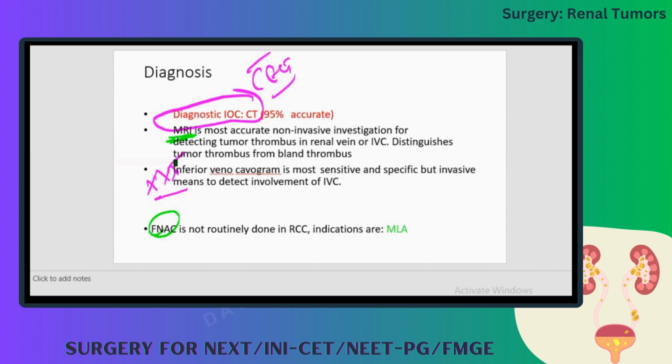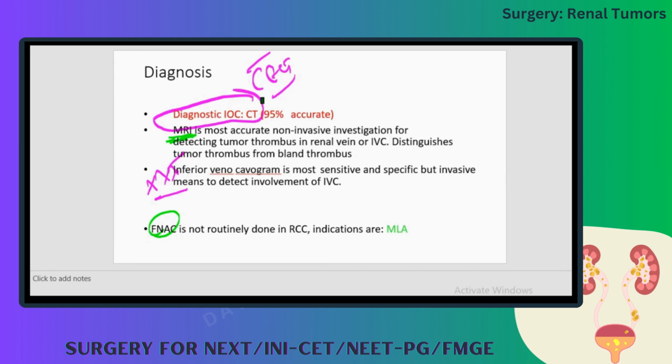In all other organs, even colon, esophagus, breast, thyroid, soft tissue, wherever it is, except for kidney. In kidney, the investigation is 95% accurate. So there is no need to go for biopsy in kidney. If CT is showing malignancy, it is malignant. That's all.